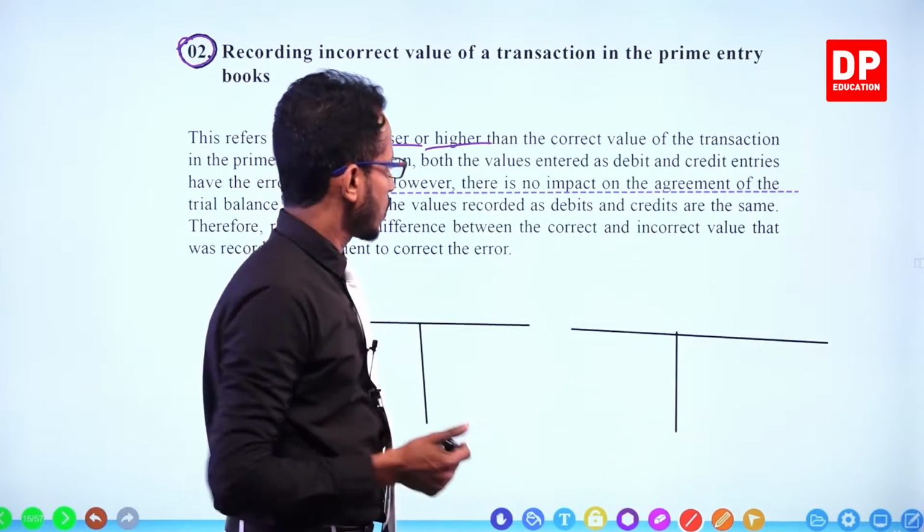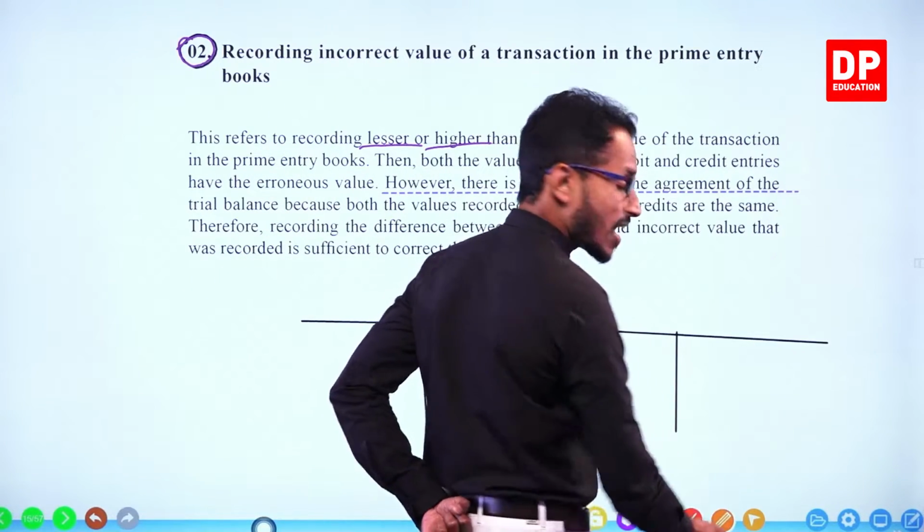Okay, a check received from a debtor. That is the transaction which should be recorded.